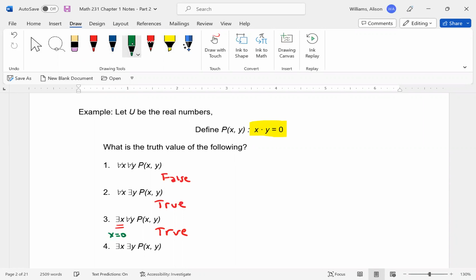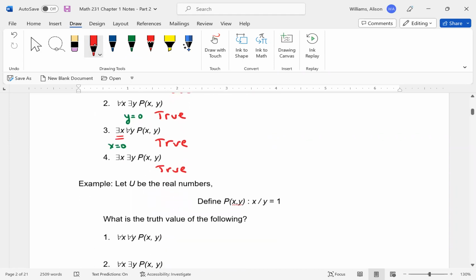In this one, the special real number is y equals 0. But up here, because it's for all x and for all y, we're not picking special ones. So it didn't work. Now here, there exists an x and there exists a y such that P of xy equals 0. Yes, that's absolutely true, for the same reason the other ones are true. Given either x or y being 0, we're good to go.